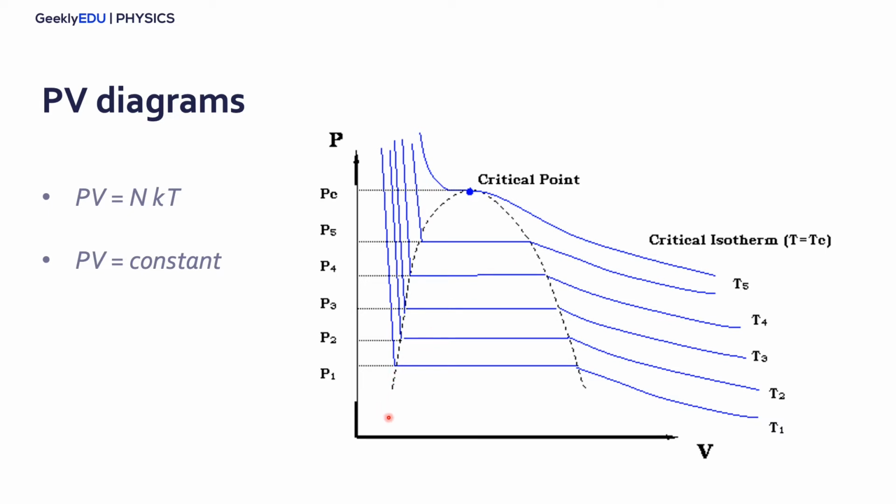If you trace these lines for a substance, where pressure and volume are constant, we have this format here, this dashed black line. Now, these blue lines here are actually the isotherms. So these are lines where we have constant temperature. So note here, for any substance, we would have something that looks like this, okay?